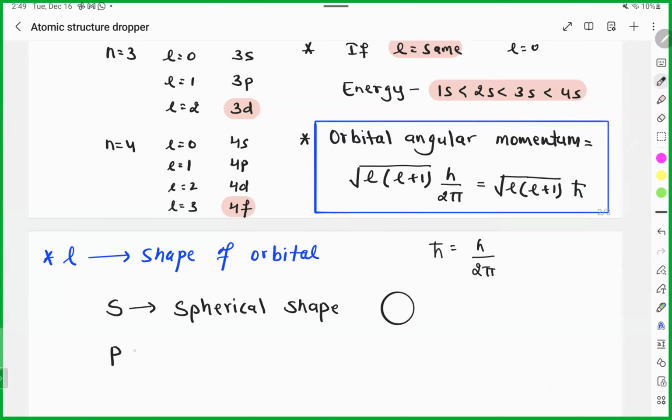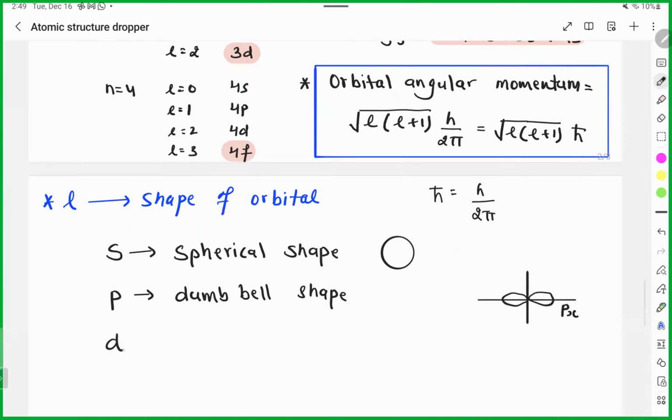If you have a p orbital, then it will be dumbbell shape. If you have the x-axis or y-axis, it will be like this. In case of px, same py along the y-axis, pz along the z-axis, same thing.